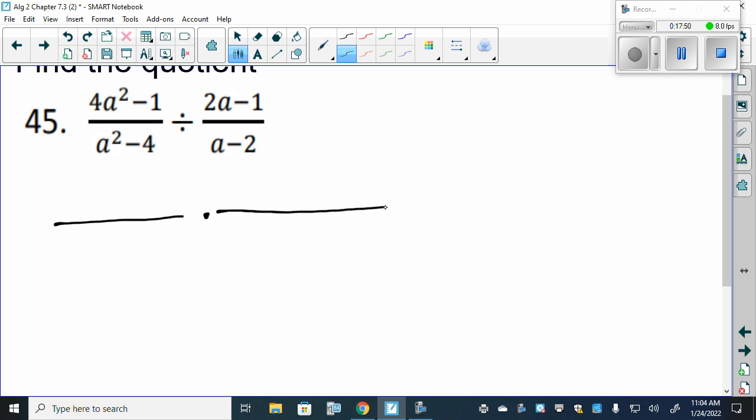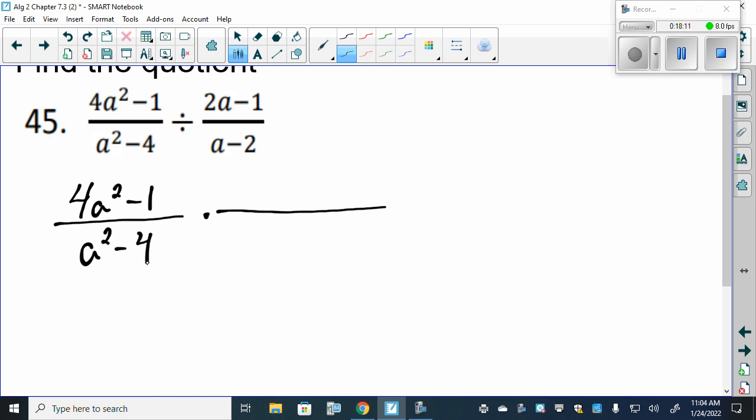Now this one here, just like with the last ones, we're going to change it from division to multiplication first. And flip the second. So the first one is still going to be 4a squared minus 1 over a squared minus 4.